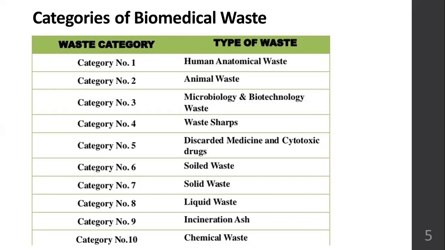Category 10 is chemical waste: expired medicines, expired drugs, solvents, detergents, disinfectants, and reagents used in the laboratory. They all come under category 10. So these are the 10 categories, no longer used right now. Coming to the hospital waste management program.